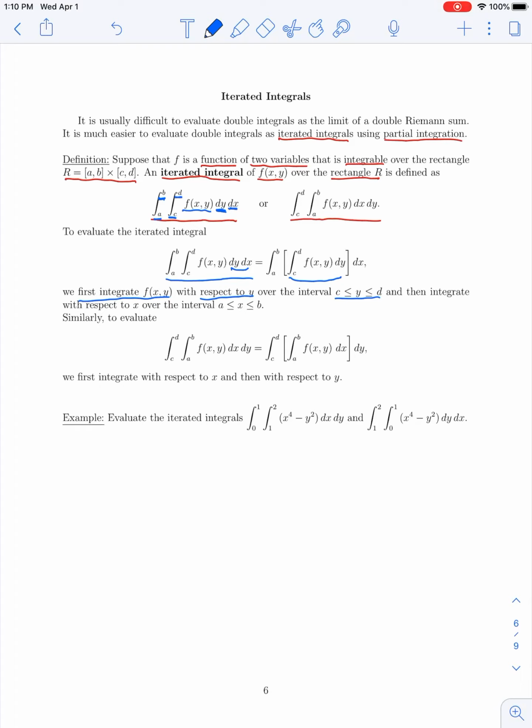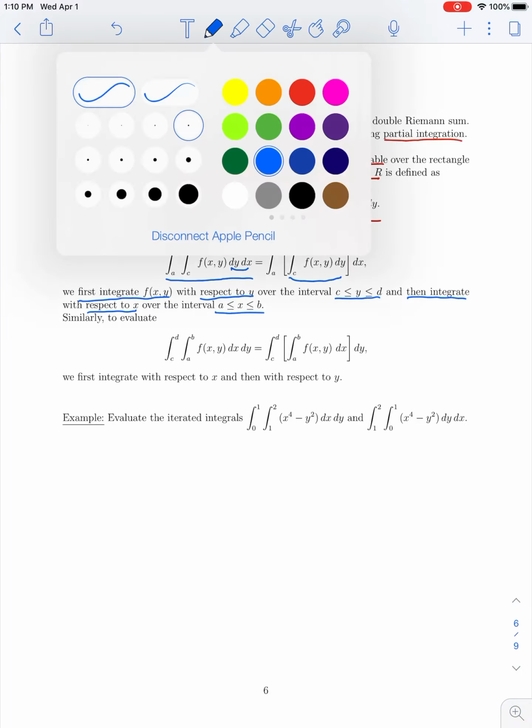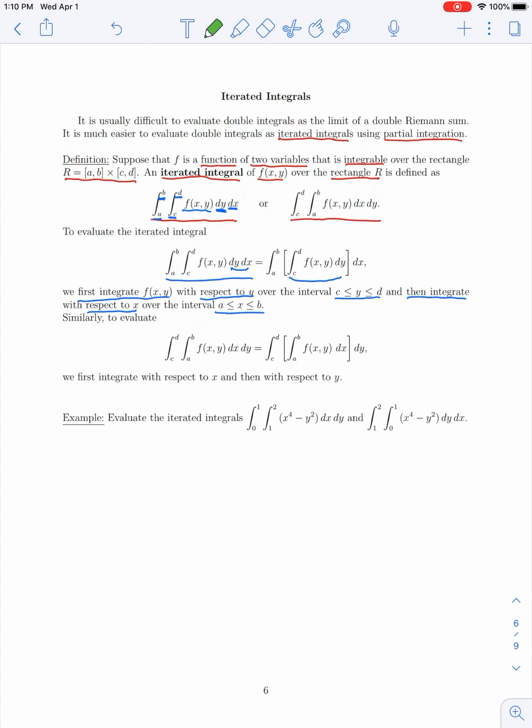So really this iterated integral means that we are first considering the integral of f of x,y with respect to y from c to d, and whatever we get for this function, we will then integrate with respect to the variable x over the x interval from a to b.